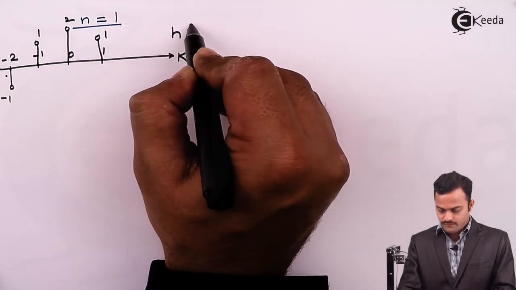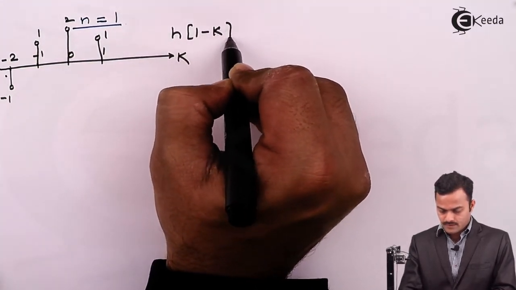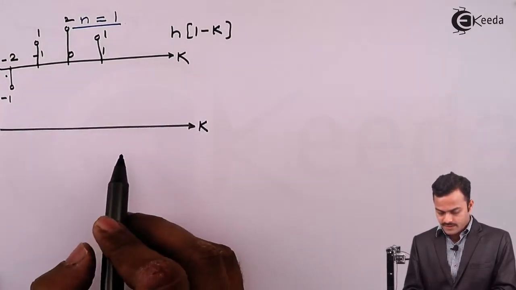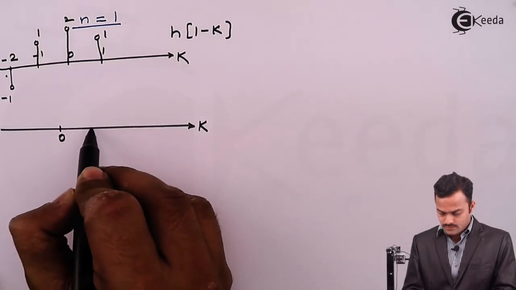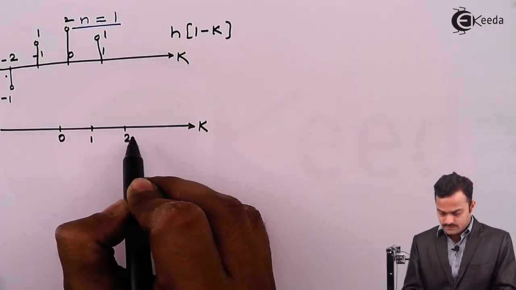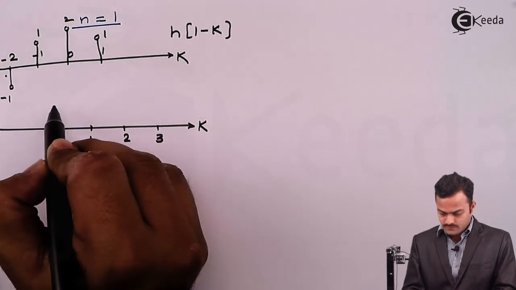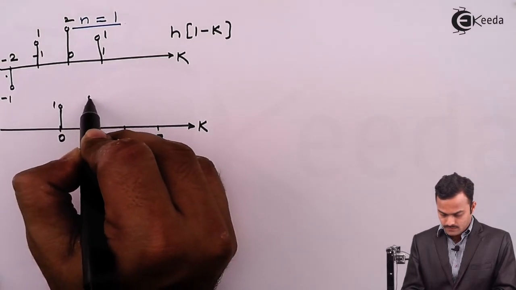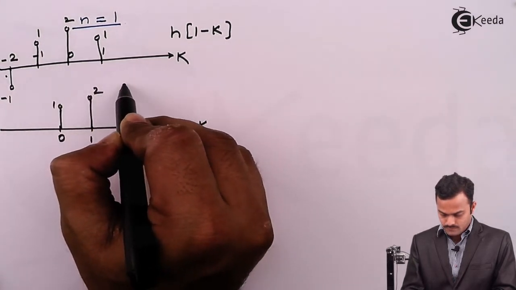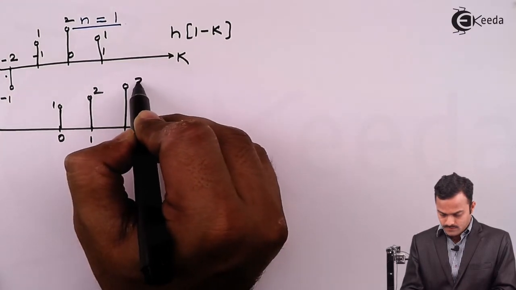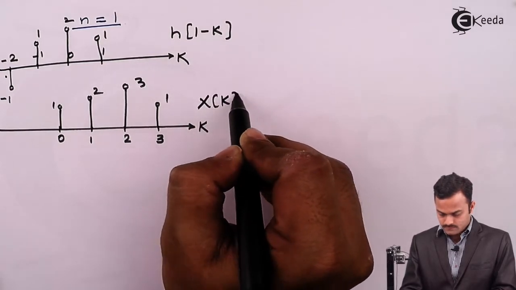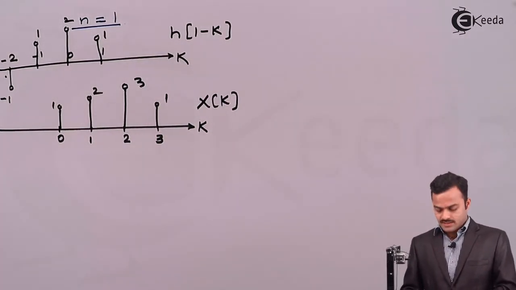Which is h of 1 minus k, and this needs to be multiplied with x of k, which has span from 0 to 3 with the values 1, 2, 3 and 1. So now we need to check the common samples between them.